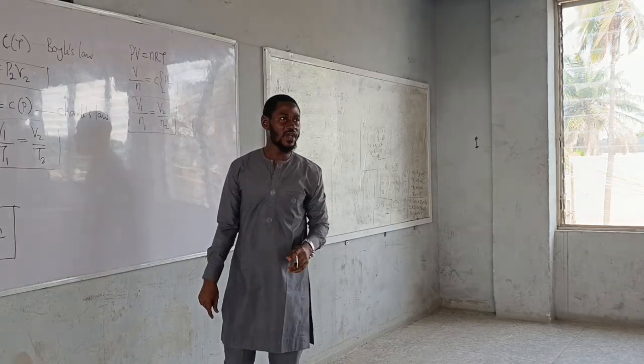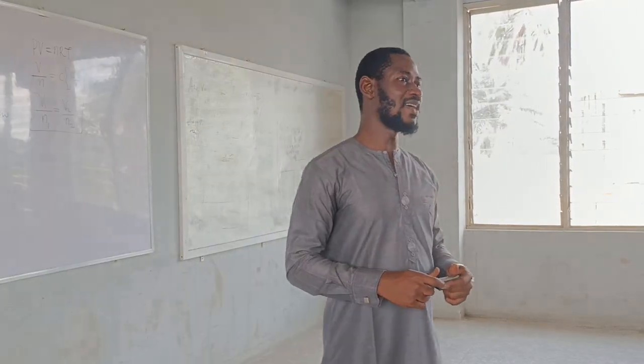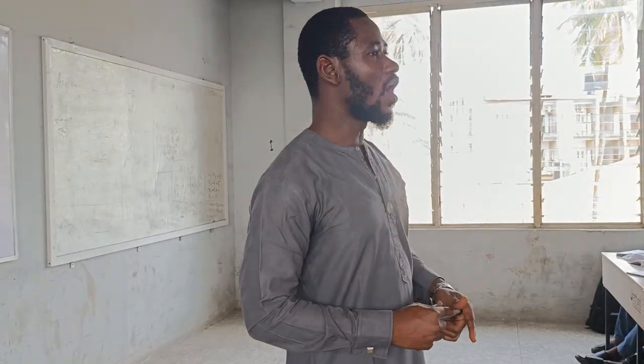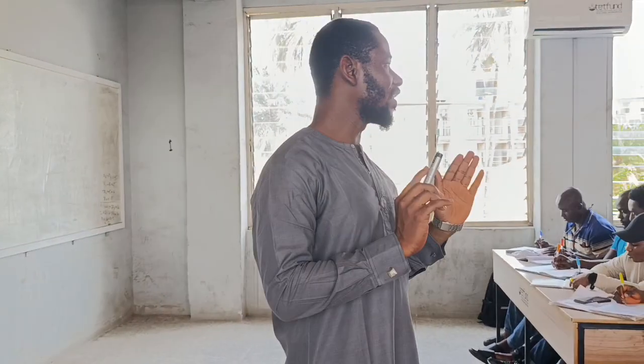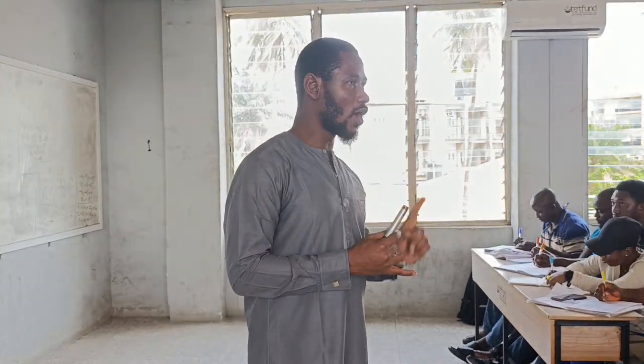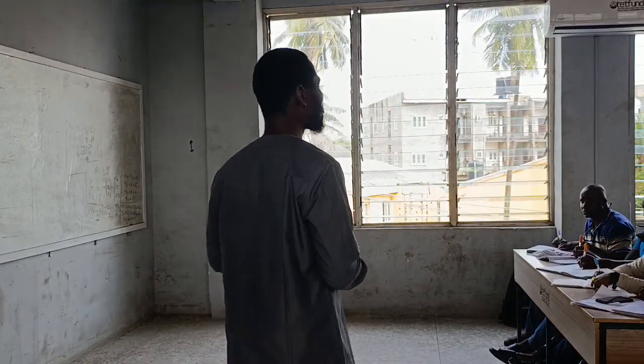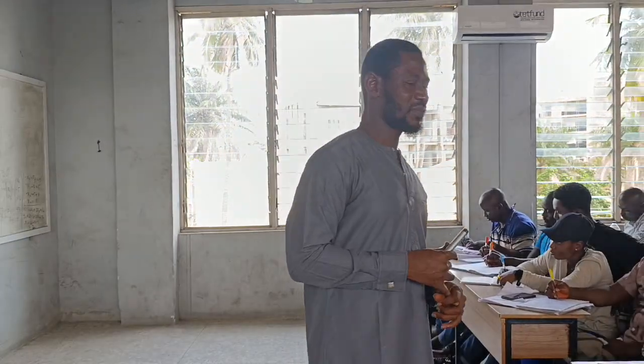All these expressions that we have just done on the board come under the ideal gas law. We also have real gases. For real gases, that is when we'll be talking about the Van der Waals, the Redlich-Kwong equation, and so on and so forth. There are so many of them.